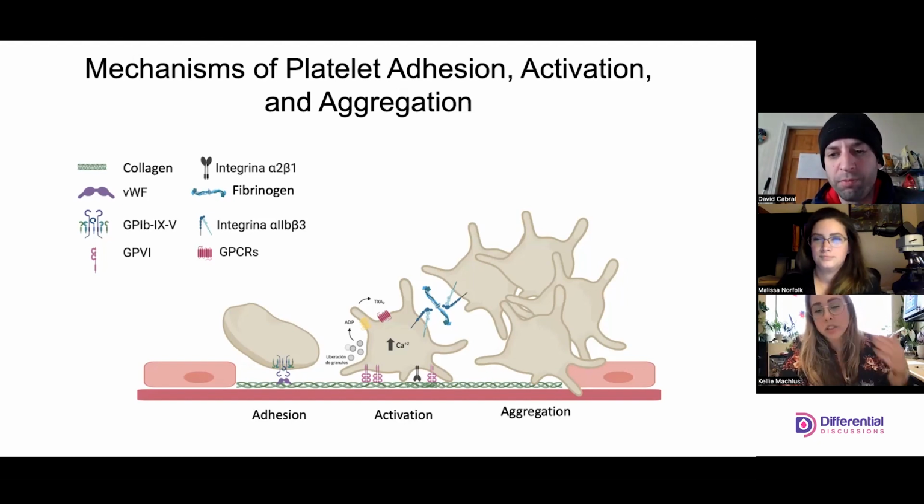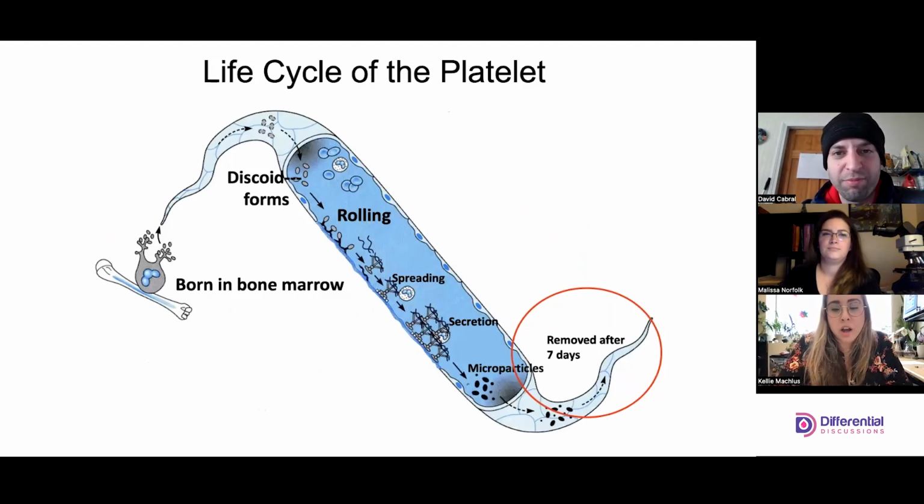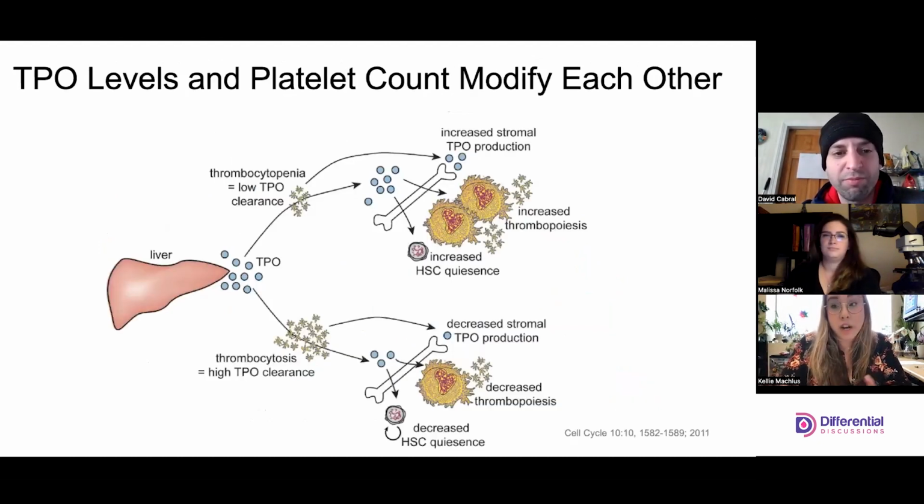And that's why you're constantly making new platelets. And they're removed. So just a very brief note about how your platelet counts are regulated, which I think is super interesting, is basically TPO levels. And this is like playing the long game. So TPO is made in the liver.